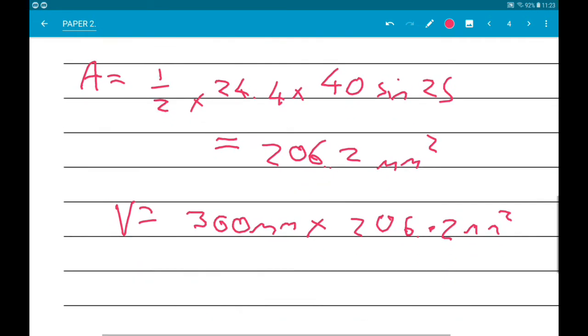So, for that, to 3 sig figs, we will get 61,900 millimeters cubed.